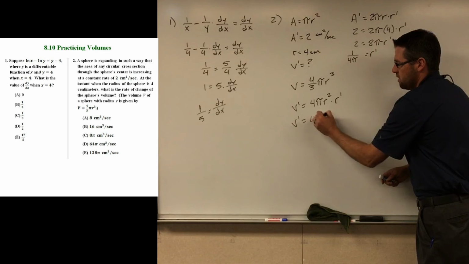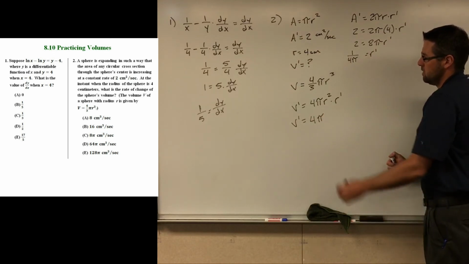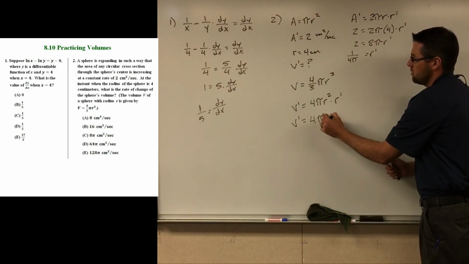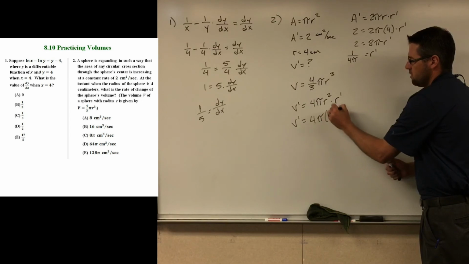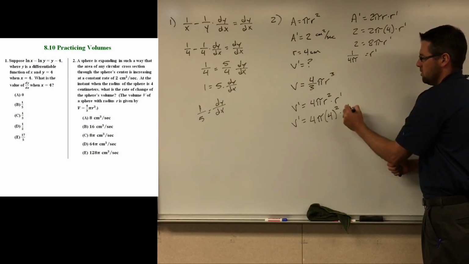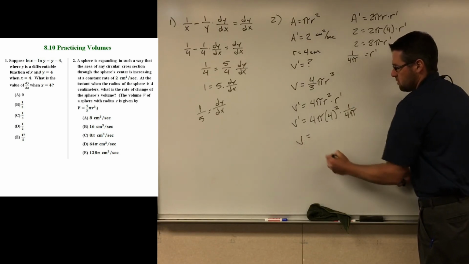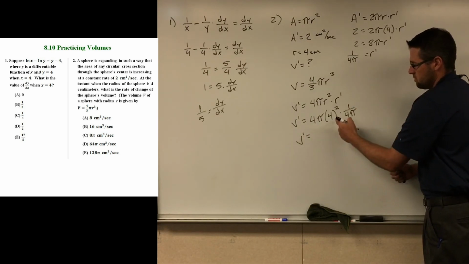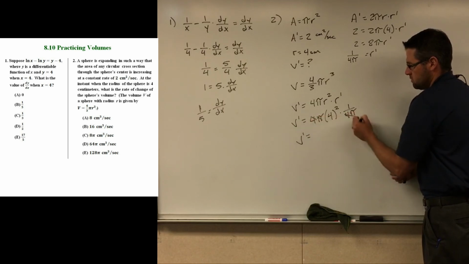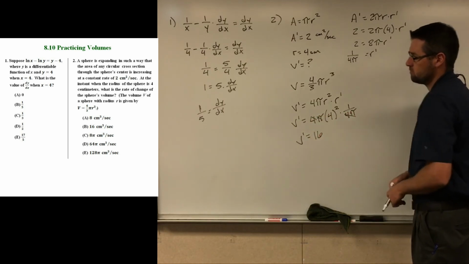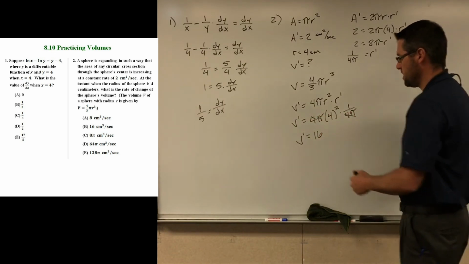So 4 pi times, what's r? Okay, so 4 squared times r prime is 1 over 4 pi. And then simplify from there. So V prime equals, that reduces all together, so 16. So the answer is B.